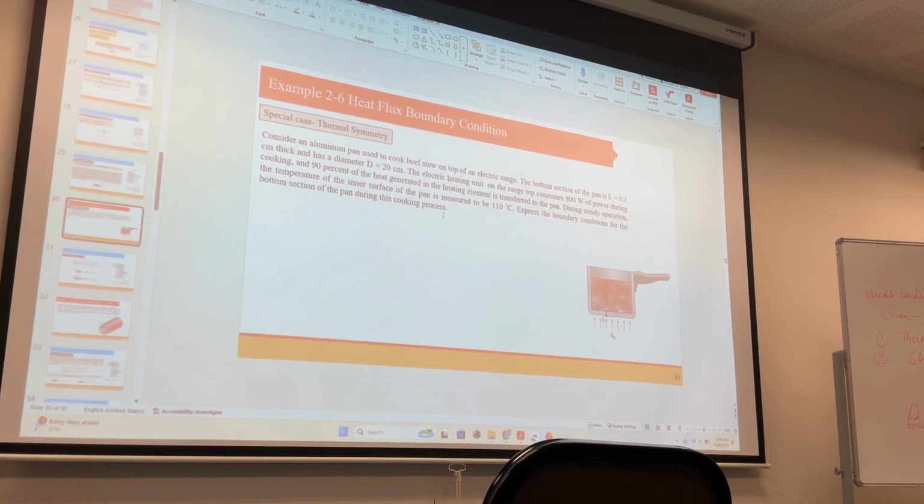And everything is given. The power that the oven is consuming, right? If you have this, and if you have the area of this pan, you can calculate how much heat flux, right? So heat flux is a boundary condition, and the given temperature is an initial condition.